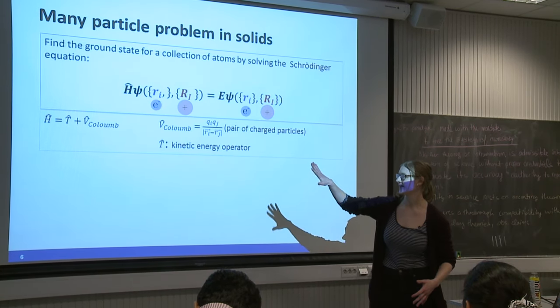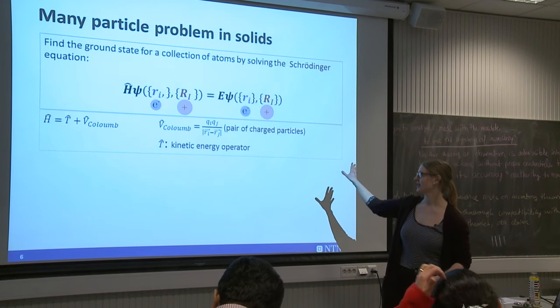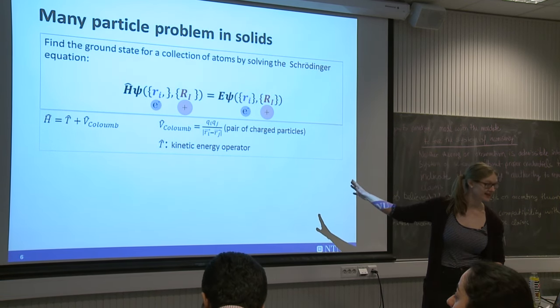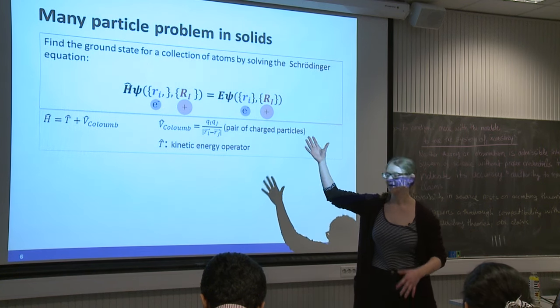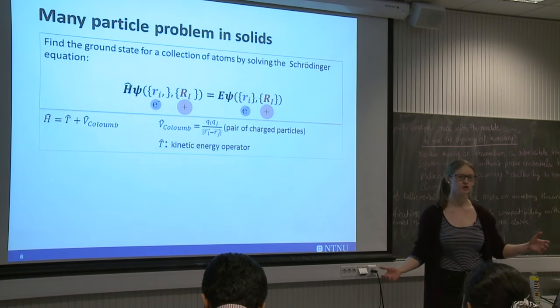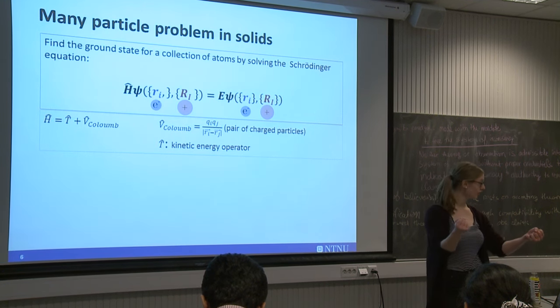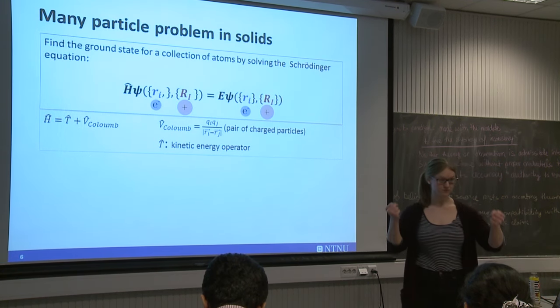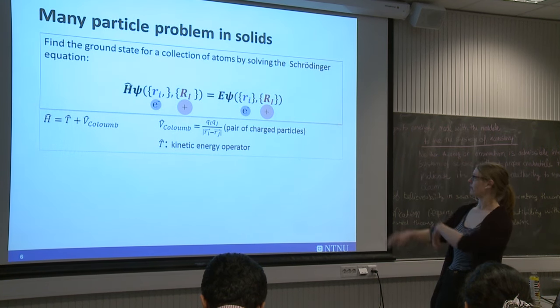You can divide it into energy terms. The T operator takes care of the kinetic energy. And then you have the potential, or Coulomb potential operator, which includes all Coulomb interactions. So, you know, between two charges, you always have Coulomb interactions, right?